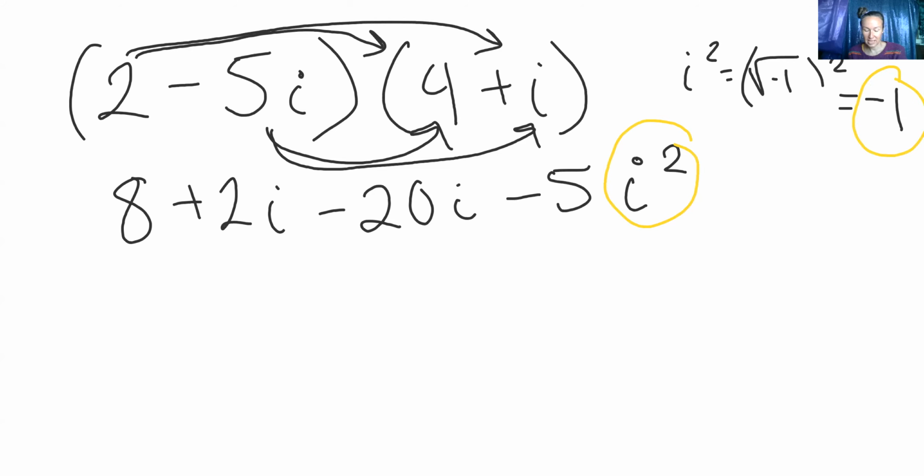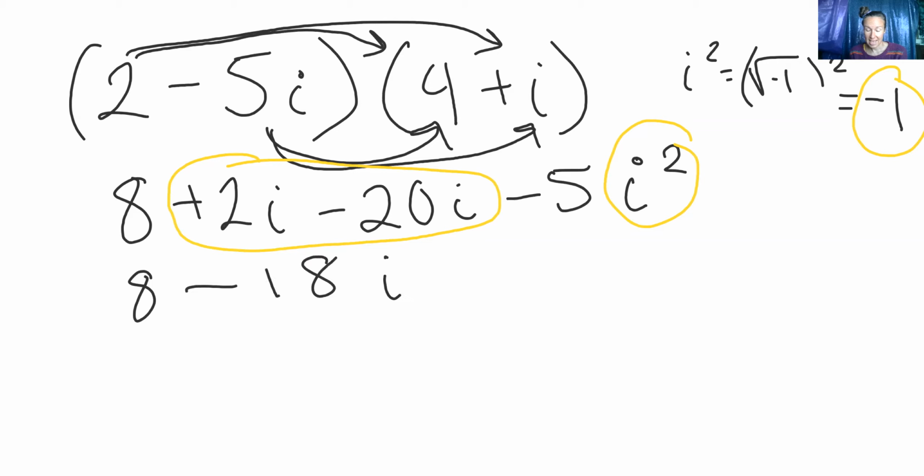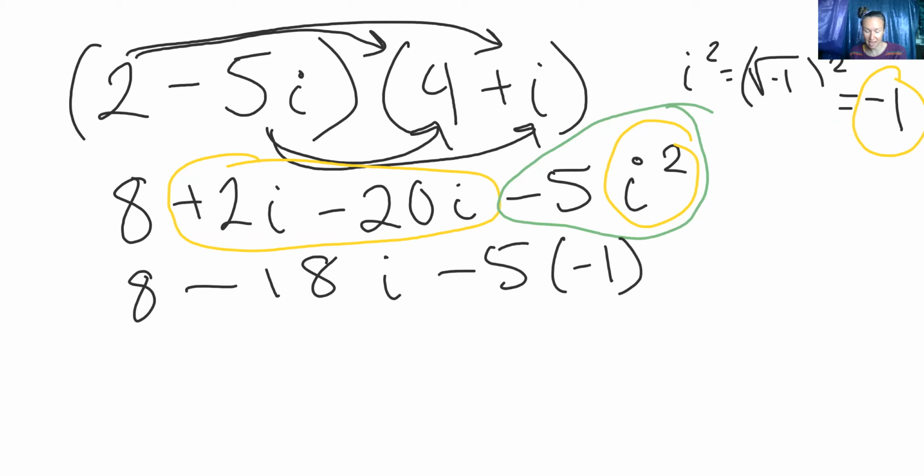And then we can combine our like terms. We've got an 8, and 2i minus 20i is going to give us a -18i. And then this thing here, -5 times i squared is -5 times -1, which is a +5.